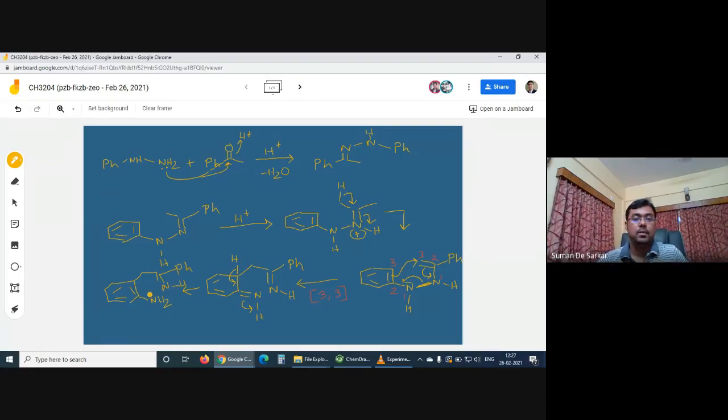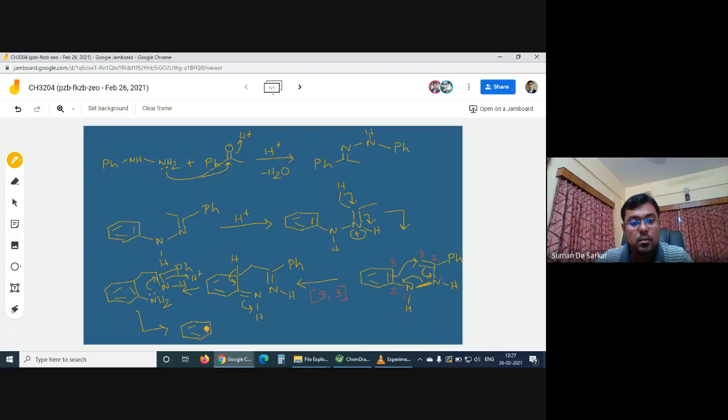Okay, so the last step here: the lone pair of nitrogen will attack this imine, because the carbon-nitrogen double bond is an imine, and this will take one proton here. Sorry, the space is small, that's why it's getting a little congested, but I hope you are getting it.